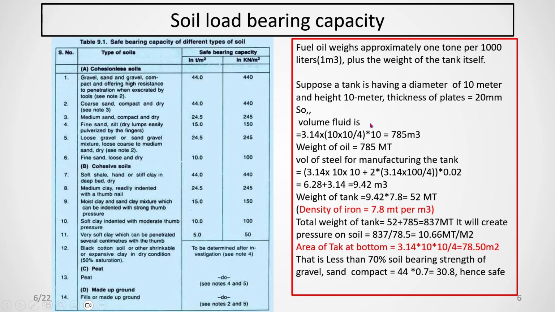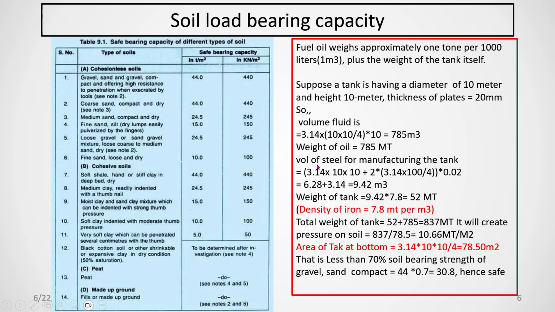So the volume of the liquid will be how much? Pi d square by 4 into h, that will be 785 meter cube. And 1 meter cube weight is 1 ton. So the weight of the oil will be 785 metric ton.